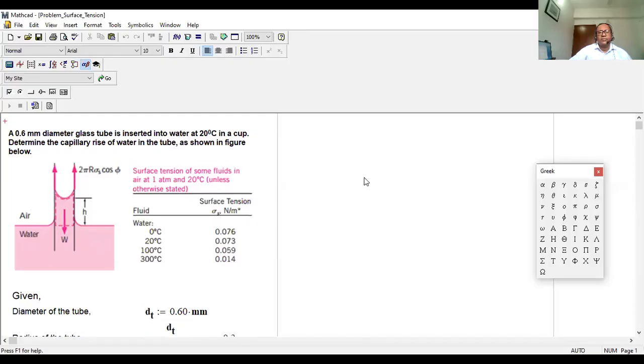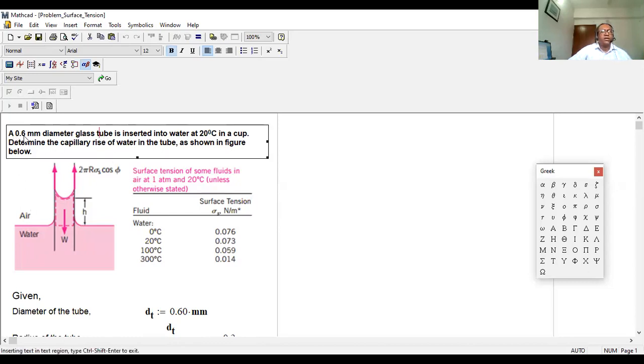And now we'll solve a problem related to the capillary rise. Let's do a very simple problem. You have to see the MathCAD file, right? You can see. Yes, sir. It's 0.6 millimeter, less than 1 millimeter.